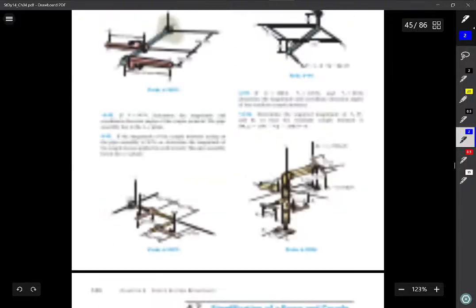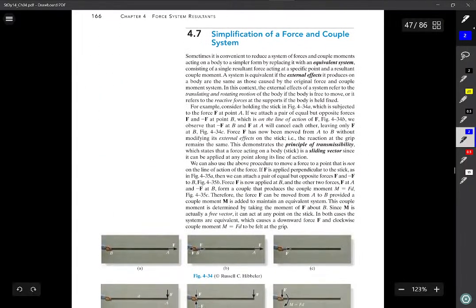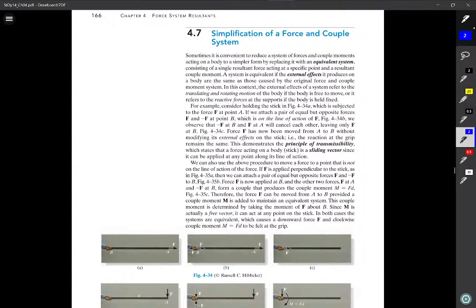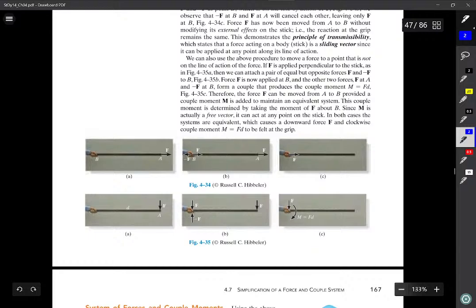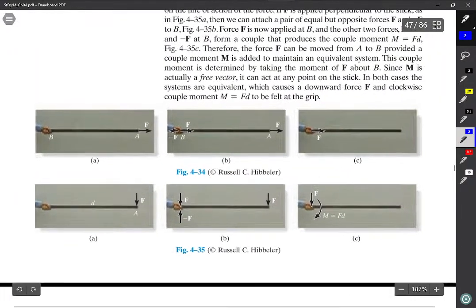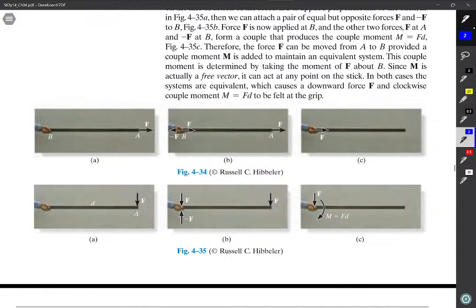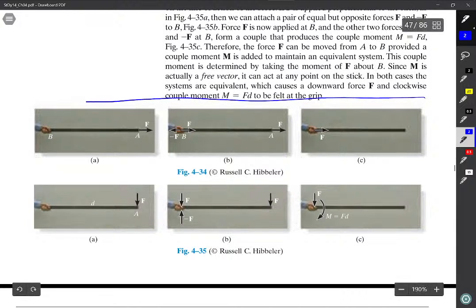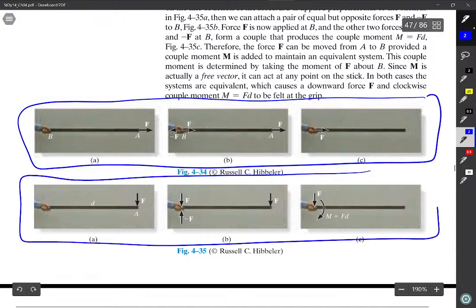The last thing is, well, I guess there are two last things in a group. One is a simplification of a force and a couple. For example, this is a pretty good example. In this first one, these are together and these are together.